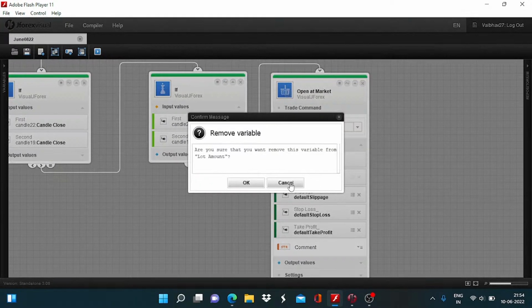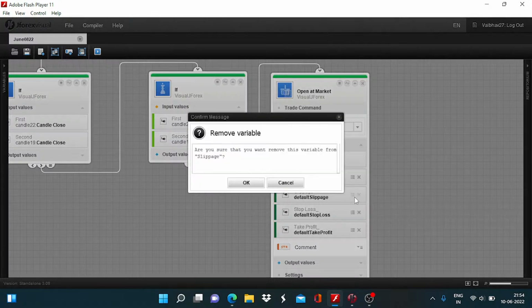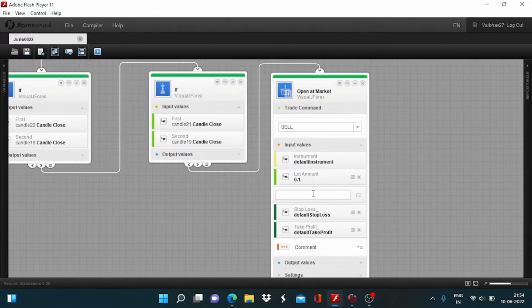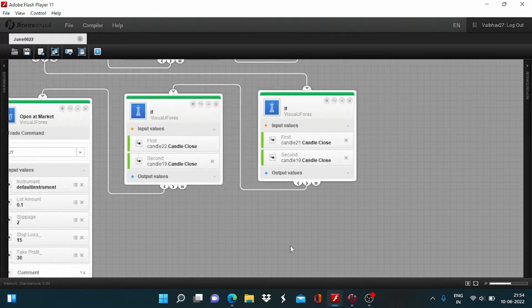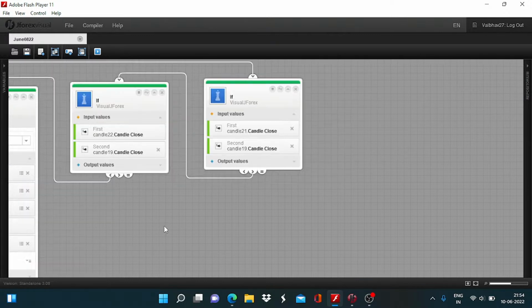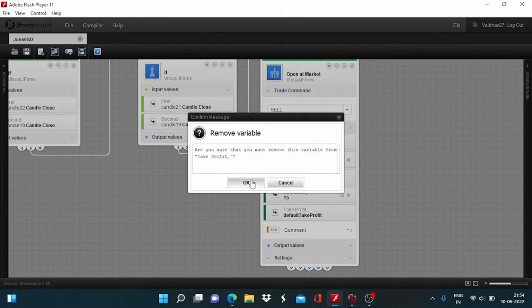Trade amount I will change to 0.1 million. Slippage of 2 pips. Stop loss and take profit, we keep the combination same as was the case with the buy side, which is 1:2, 15 pips of stop loss and 30 pips of take profit. So we will hard code these values here. We won't be keeping it dynamic this time around.